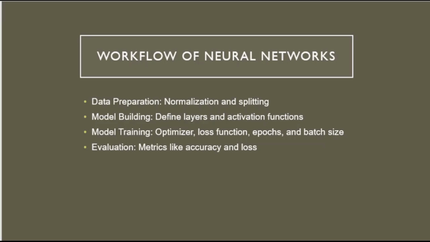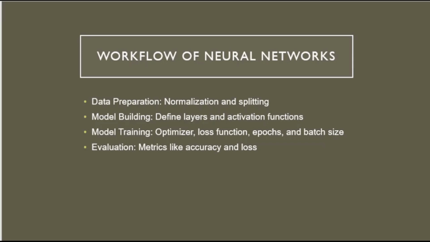Output layer. The final layer provides the output. For classification tasks, this could be probabilities for each class. For regression, it's a continuous value like a price or a score. Training. During training, the network learns by comparing its predictions to the actual results using a loss function.